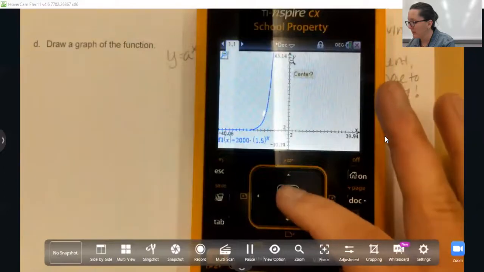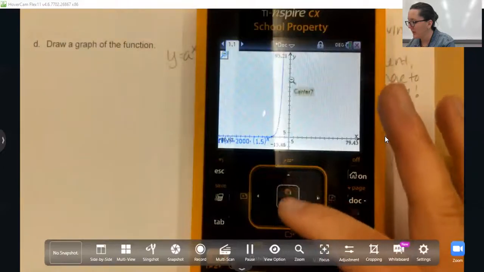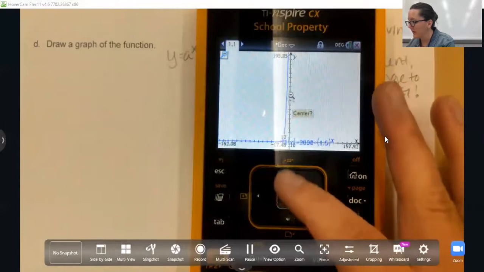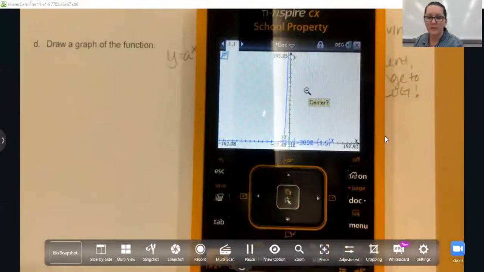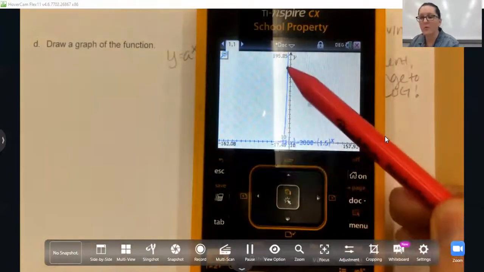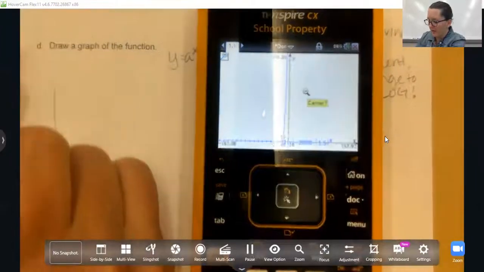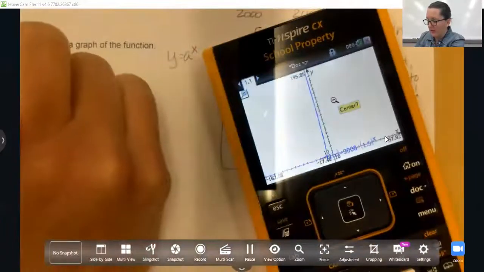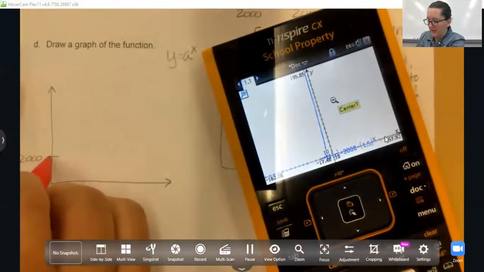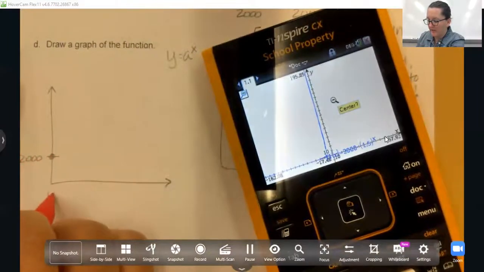So you can do one of two things. You can continue to zoom out and notice that it's showing the graph here on the left side. I don't want that graph. I want the graph when it starts at 0. So if it's 2000, I want it to start here at 0.